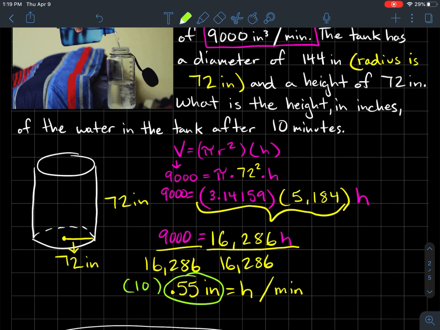How many zeros in the 10? 1. So how many times can we slide this decimal over? 1 time. So we get, after 10 minutes, 5.5 inches in height of our cylinder. So the correct answer is 5.5 inches.